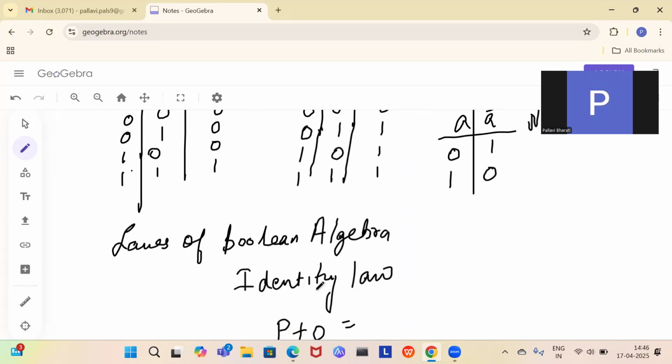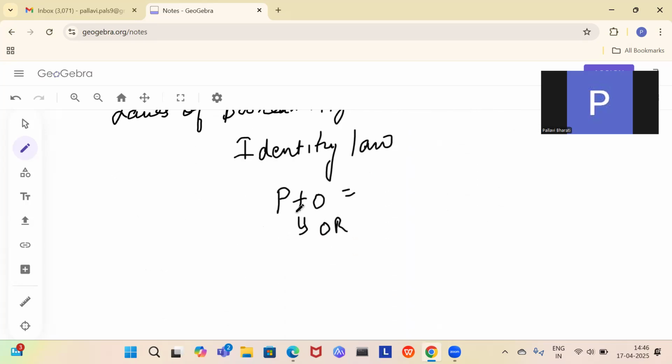So here if you say that p is 0, 0 plus 0 will be 0. If you say p is 1, then 1 plus 0 will be 1. So whether you take the value of p as 0 or 1, the output depends upon this p only, not upon the 0. So identity law says p plus 0 equals p.